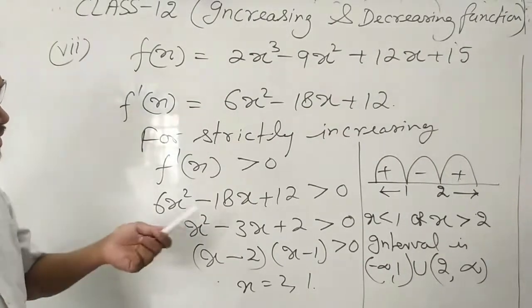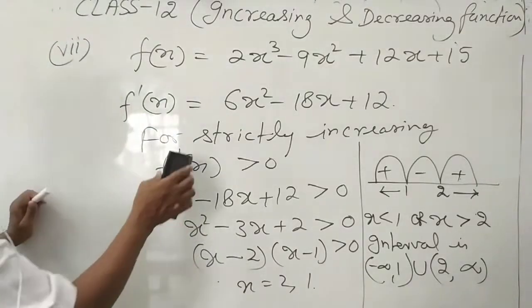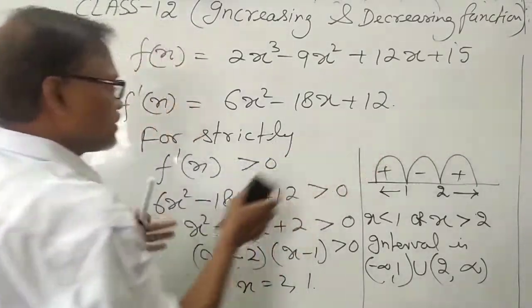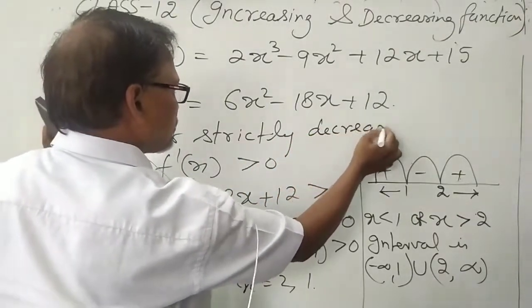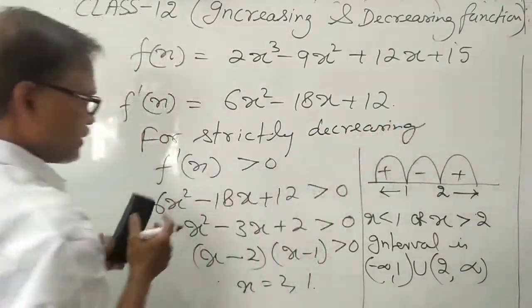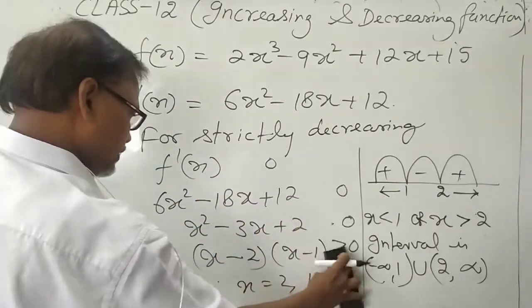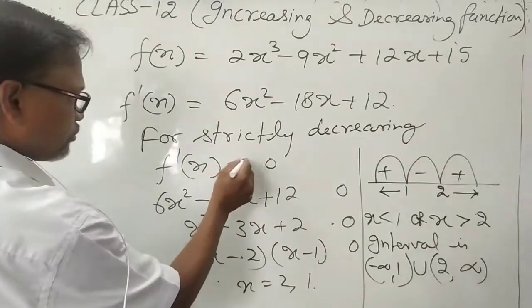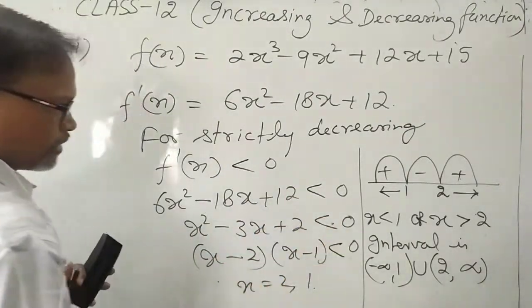Then to get the strictly decreasing, just opposite case, you will write here strictly decreasing, and this part will be less than. So less than, okay.